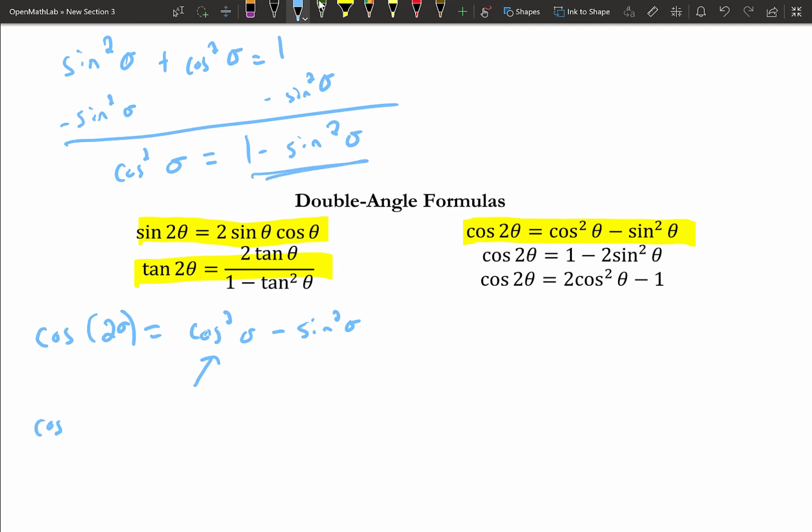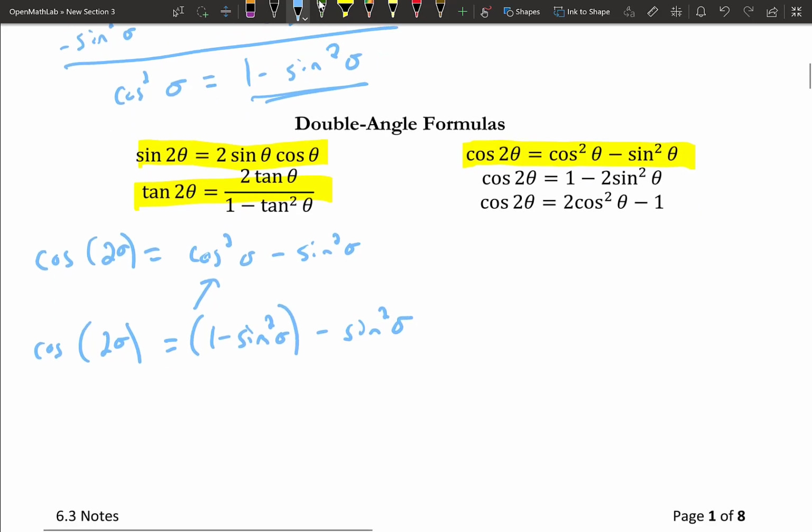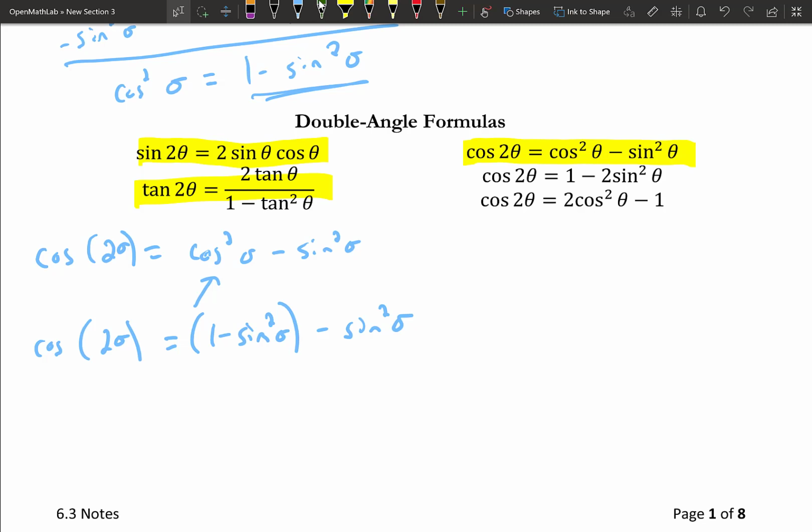So we'd have cosine of 2 theta equals 1 minus sine squared theta minus sine squared theta, which simplifies to 1 minus 2 sine squared theta. That gets me the second version.